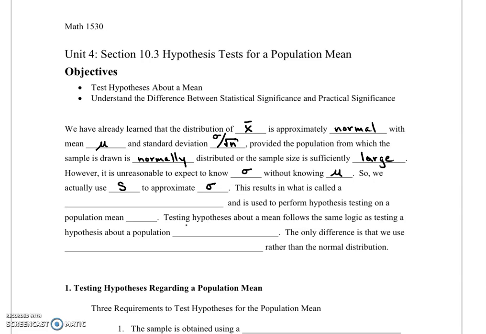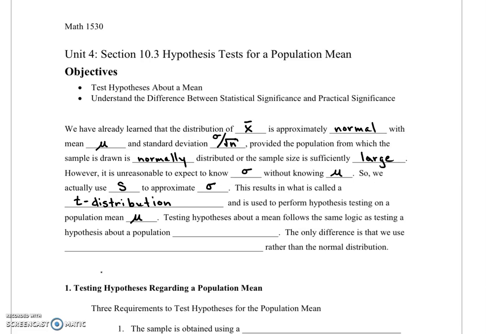This results in what is called a t-distribution. Remember, we talked about those also in chapter 9. And the t-distribution is used to perform hypothesis testing on a population mean mu.